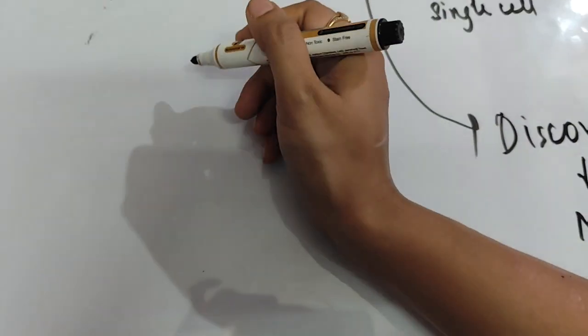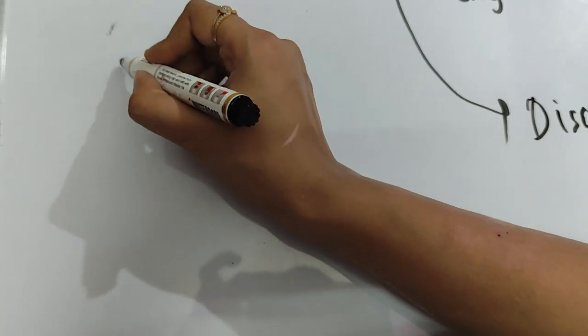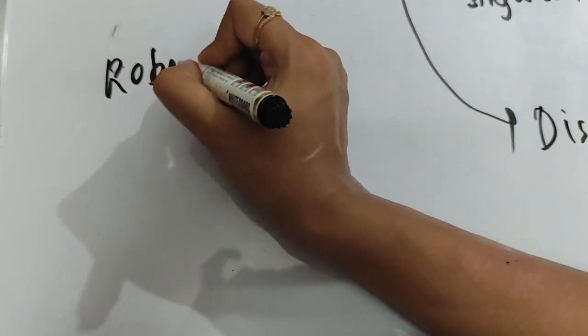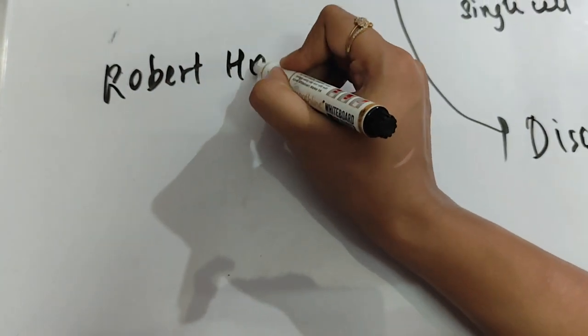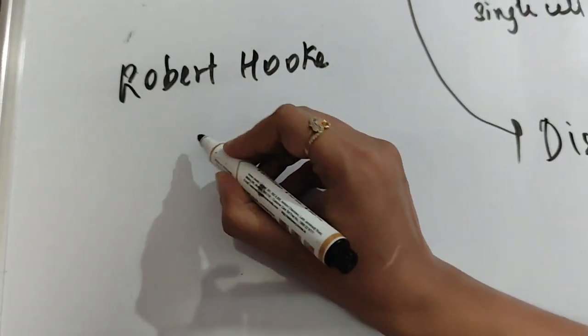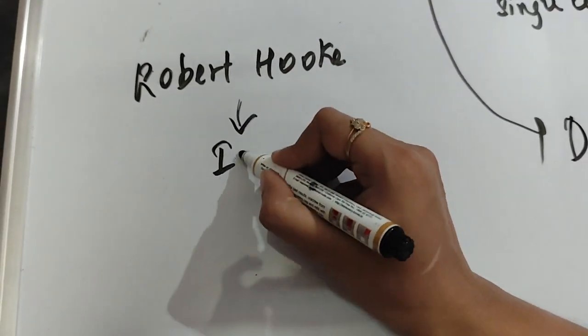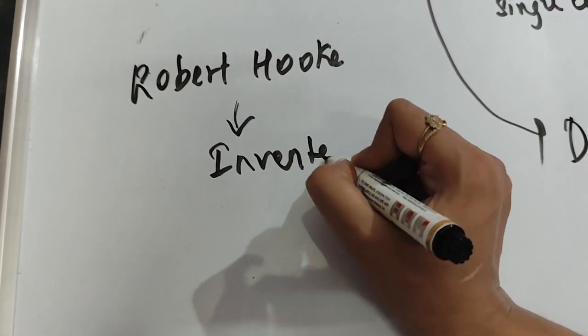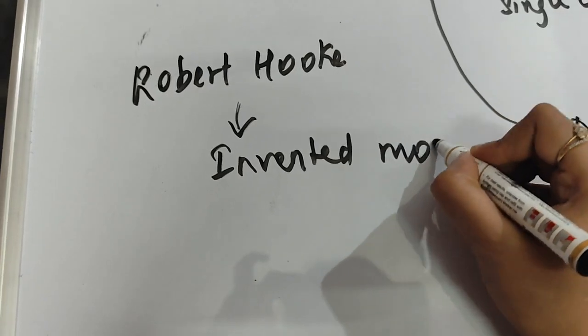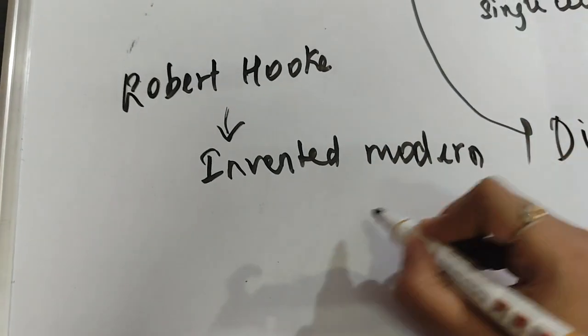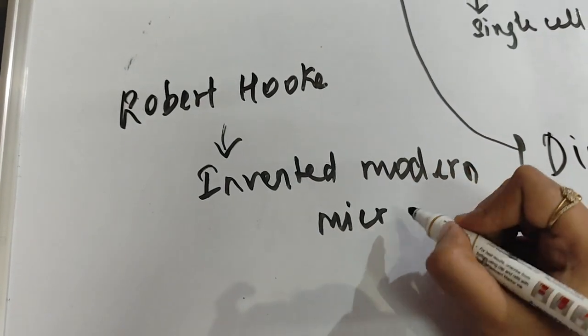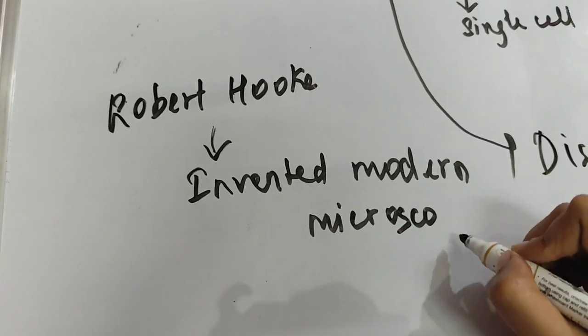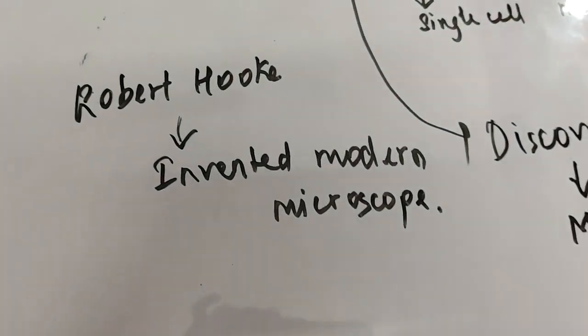Later Robert Hooke invented the modern microscope. This modern microscope was similar to our light microscope used in the lab.